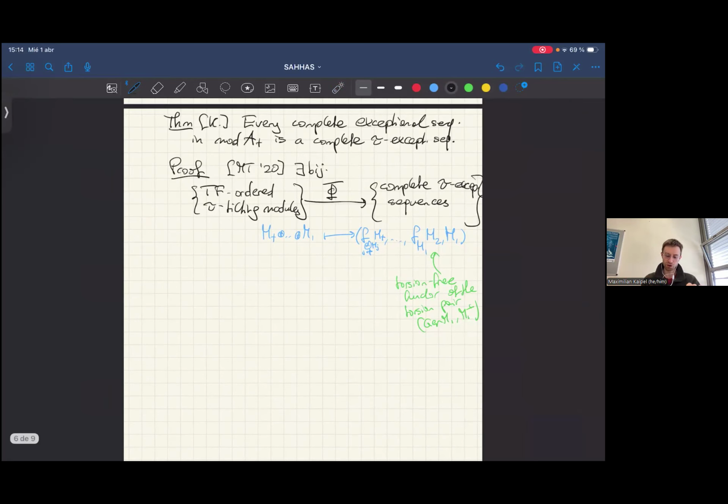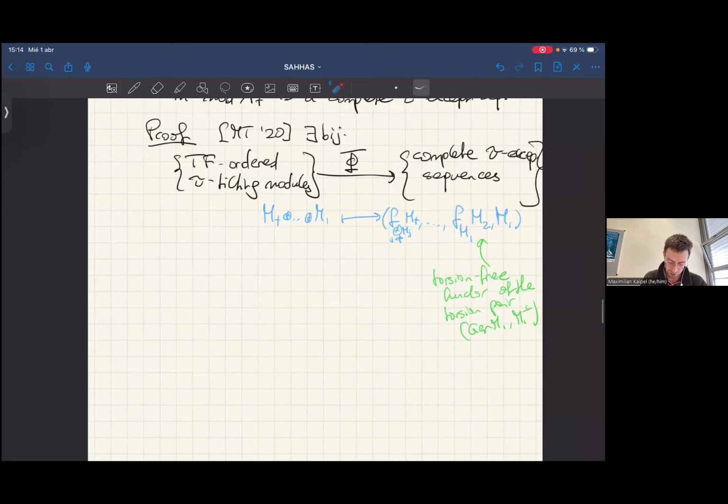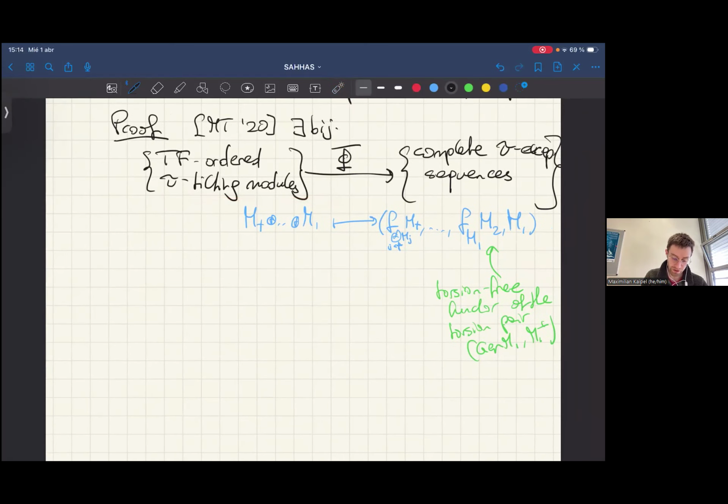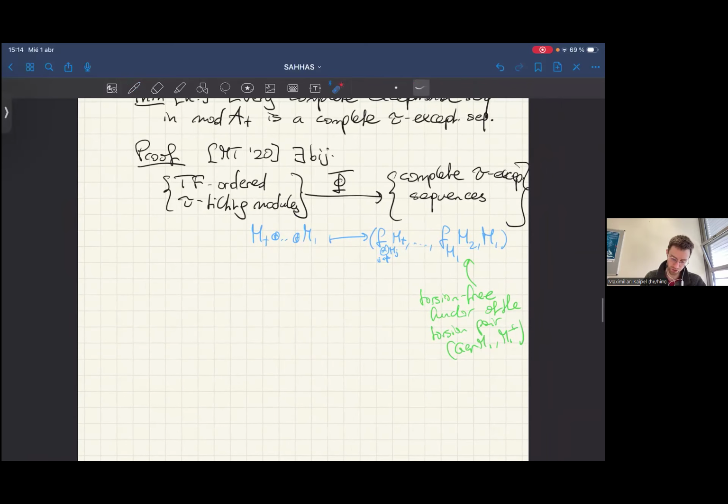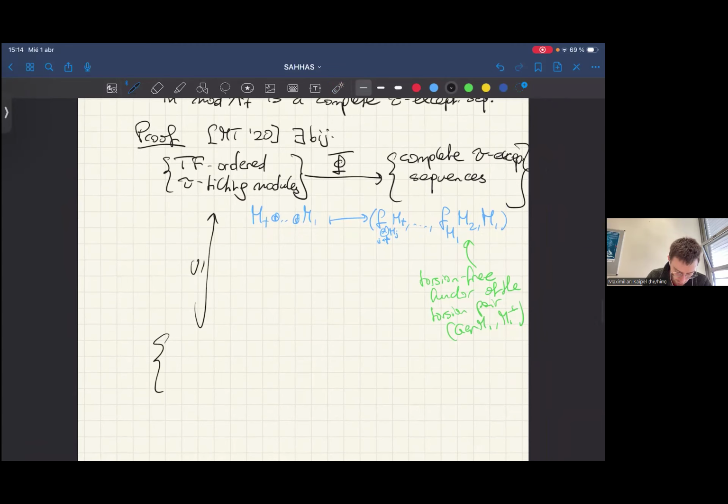And now I don't want to look at all of the tau tilting modules. I want to restrict myself to tilting modules. So in here, I will have, as a proper subset, what I will call the quasi-hereditary ordered tilting modules.